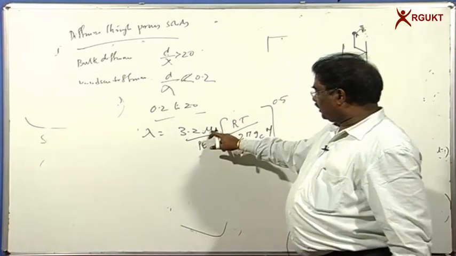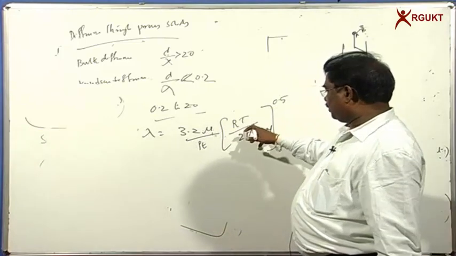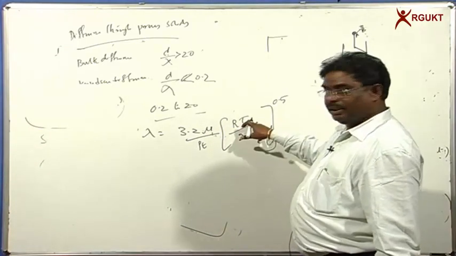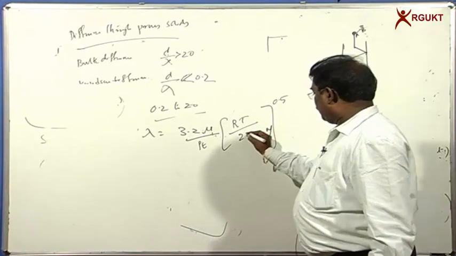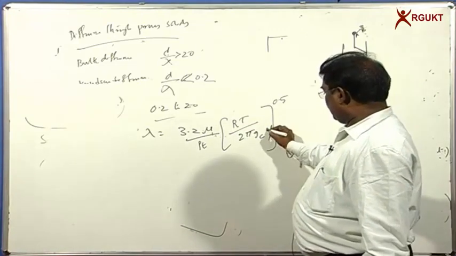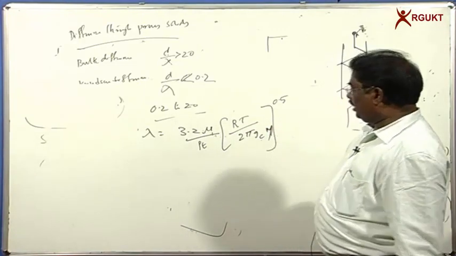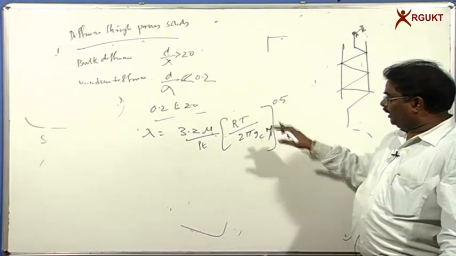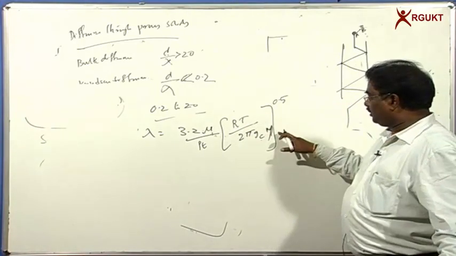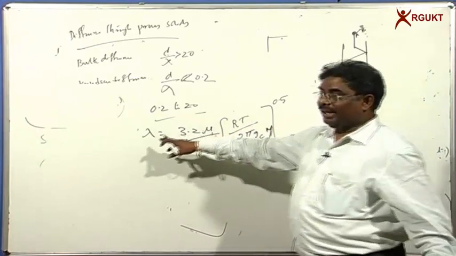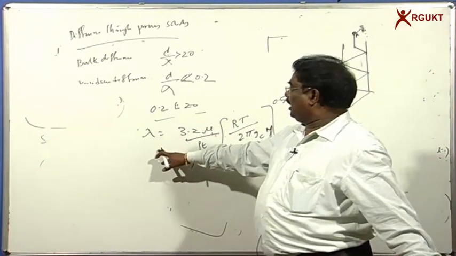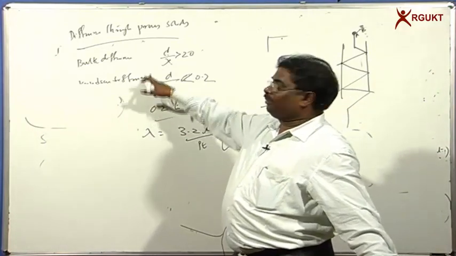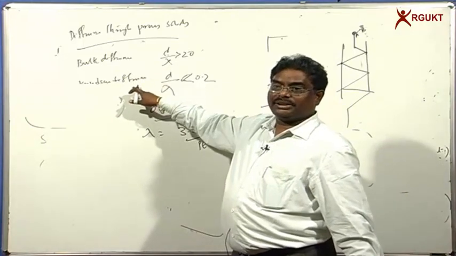Where mu is the viscosity, Pt is the total pressure, T is the temperature, pi is a simple constant, Gc is the constant, m is the molecular weight. So if you know the viscosity, the temperature, the pressure, and the molecular weight, one can calculate the lambda value. Once you get the lambda value, we can find out whether bulk diffusion is taking place or Knudsen diffusion is taking place.